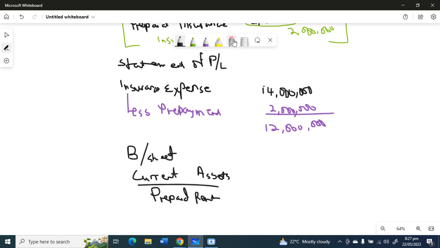Prepaid insurance, I don't know why I was saying prepaid rent. Prepaid insurance, 2 million.